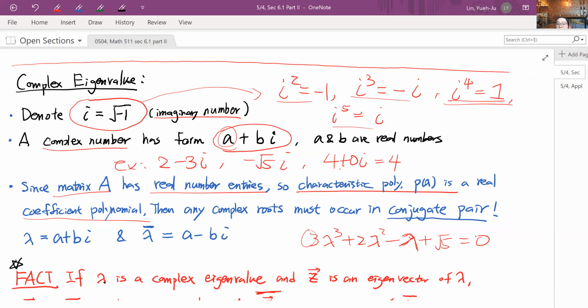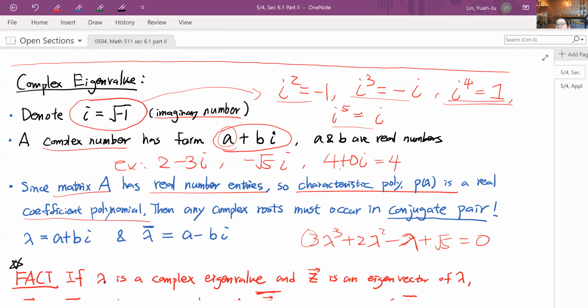Remember, even for the quadratic polynomial, in high school or college algebra, when you use the quadratic formula, there's an entry that looks like the square root of b squared minus 4ac. If the number under the square root is negative, in the past we just said the real root doesn't exist. But now with complex numbers, we can deal with the complex root.